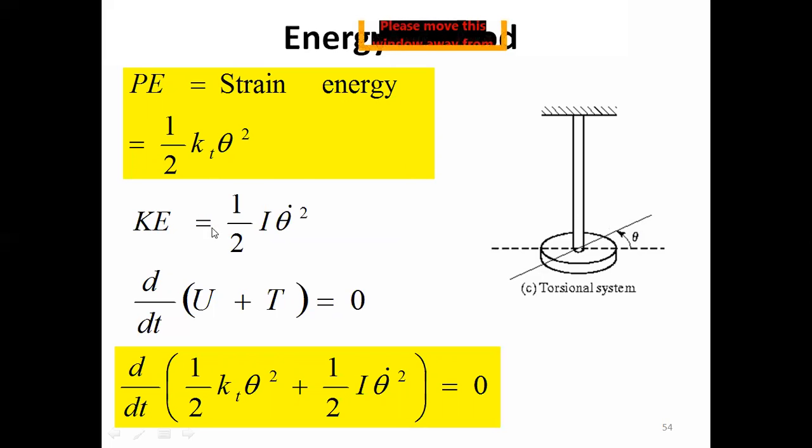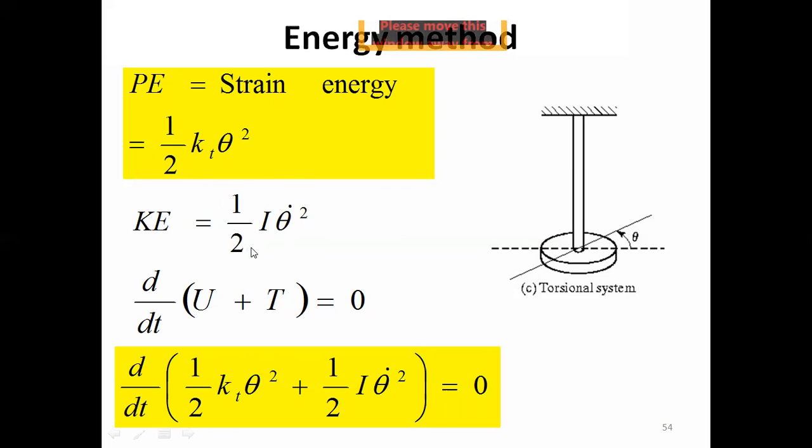And kinetic energy is equal to half I, where I is the mass moment of inertia of the disk about the axis of rotation, times the square of the angular velocity, theta dot squared. So this is the mathematical equation for the strain energy, and this is the equation for the kinetic energy.